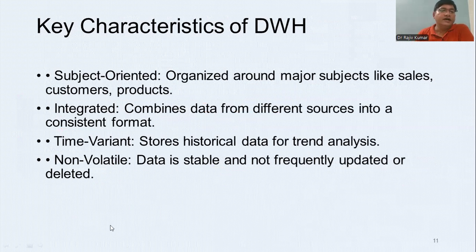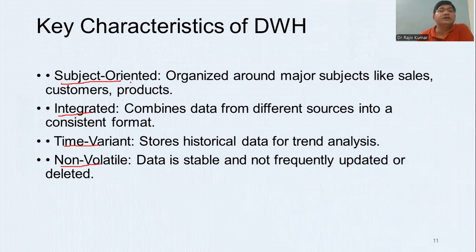So there are some key features of data warehouse. The key features are: it is subject-oriented, integrated, time-variant, and non-volatile. Let us see one by one. Subject-oriented means the data warehouse is organized around major subjects like sales, customer, products.